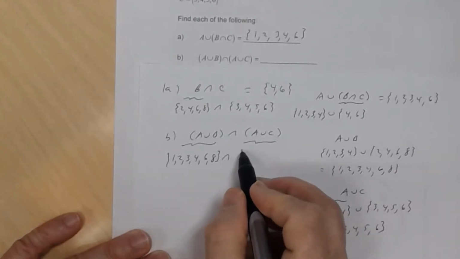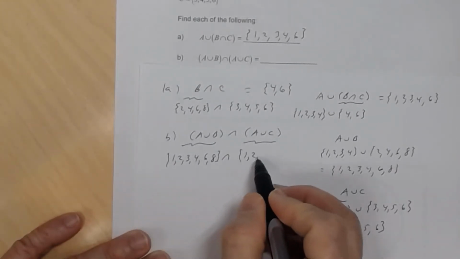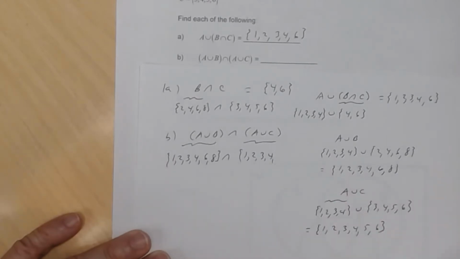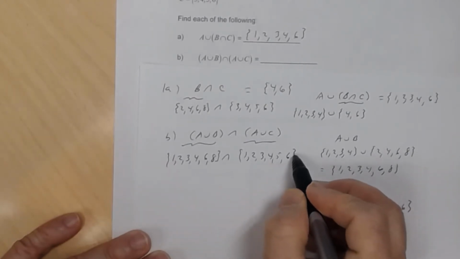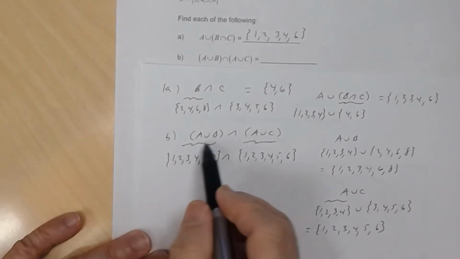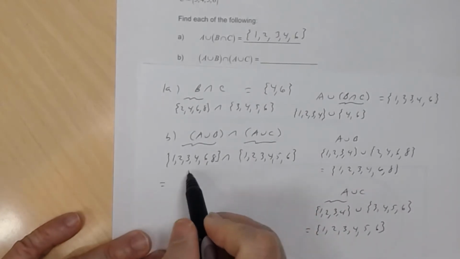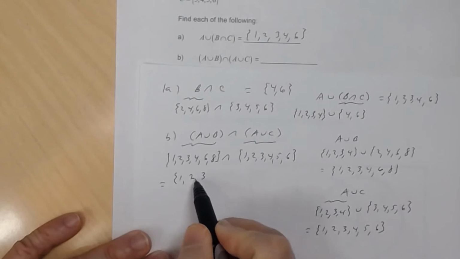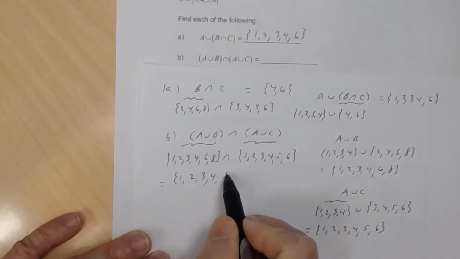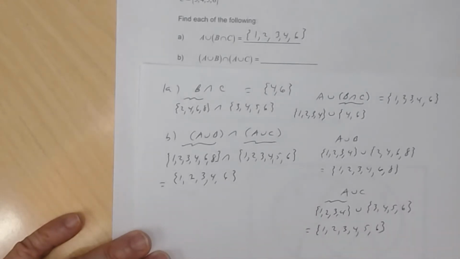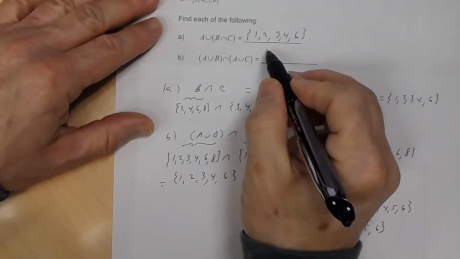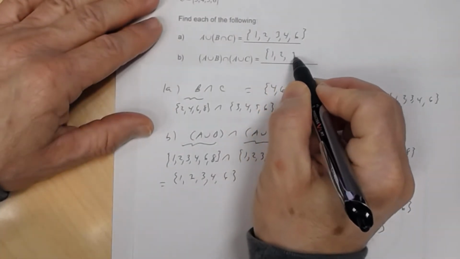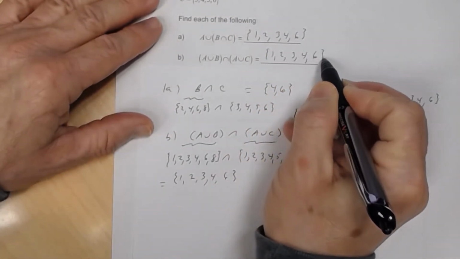So that goes here. And so therefore the intersection here would be what do they have in common? So they have 1, 2, 3, 4, and 6. That's about it. So that will be the answer to that one: 1, 2, 3, 4, and 6.